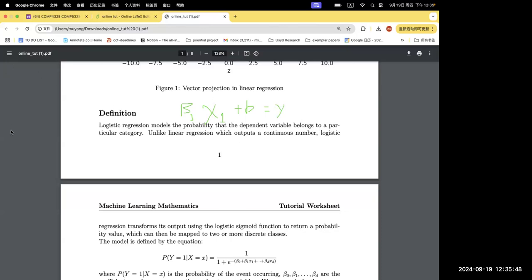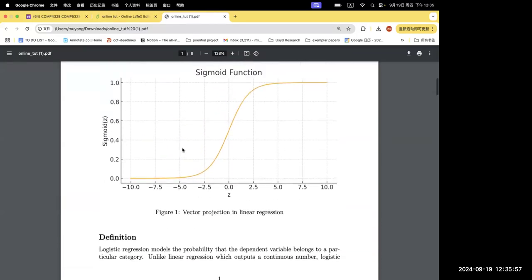So if we want to use a linear regression model for classification purposes, what are some issues with this linear model? There are a few issues. First of all, the prediction of this linear model is unbounded, right? It could grow really large or really small. Sometimes we want the value of the prediction to be bounded because it gives us some nicer properties.